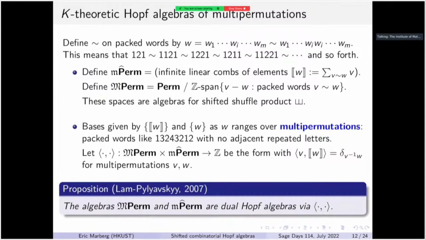There are a lot of non-trivial things going on here: you have to check that you can actually make well-defined products, because products of things are going to expand as infinite sums. But with this form appropriately defined, these are going to be dual Hopf algebras again. So you can define a coproduct by duality, and then it'll satisfy some kind of compatibility, and there's even an antipode formula that you can work out.